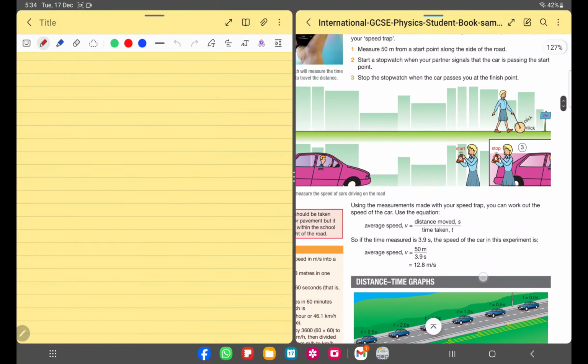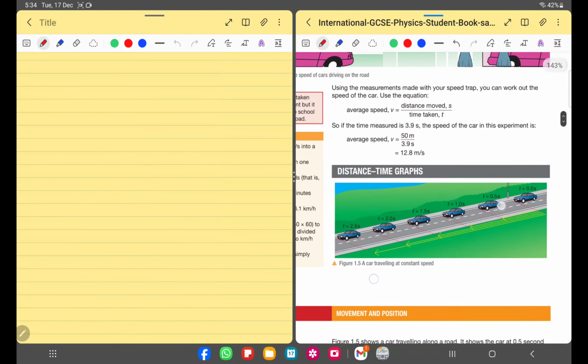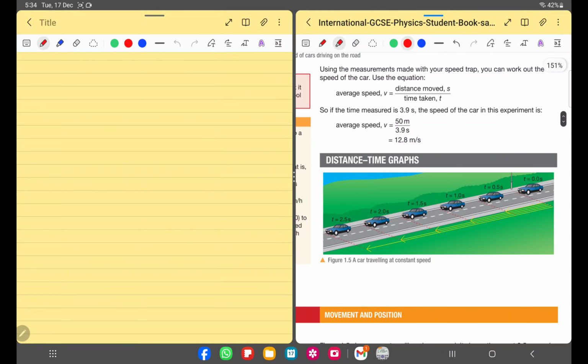Question number one is very simple, in which you are given some distance. Consider a car is moving along a road. The distance the car has covered is 50 meter, and the time measured by stopwatch is 3.9 seconds. If you divide distance by time, the final answer is 12.8 meter per second.